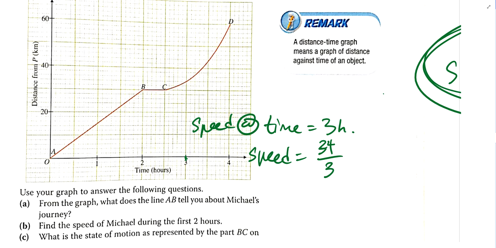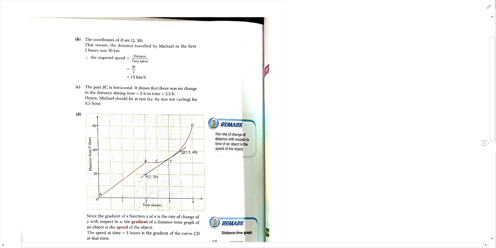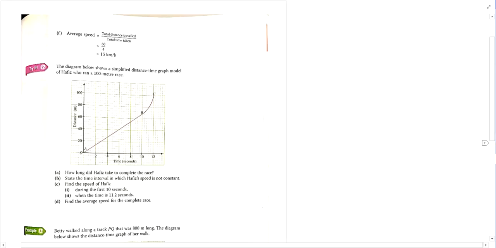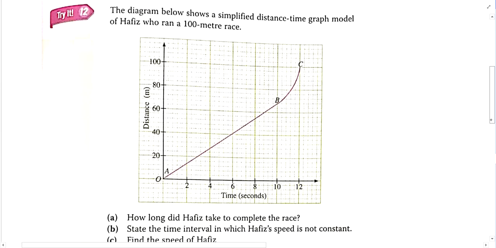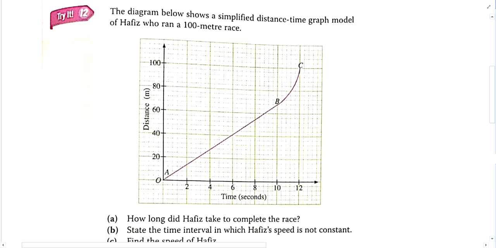Okay, next. Okay, let's just discuss this question. Try 12. This person running 100-meter race. What can you tell me about the motion from A to B? Constant what? Constant speed.